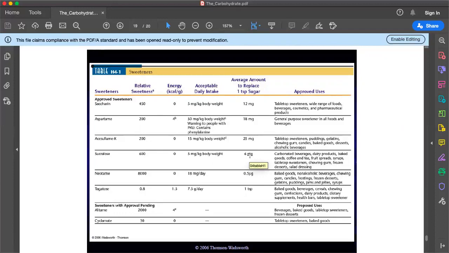So you have to be careful. What about sucralose, which is almost 600 times sweeter? It's made by exchanging 3 chlorine atoms per hydroxy group on the sucrose. That's why the pronunciation seems almost similar, sucrose and sucralose.